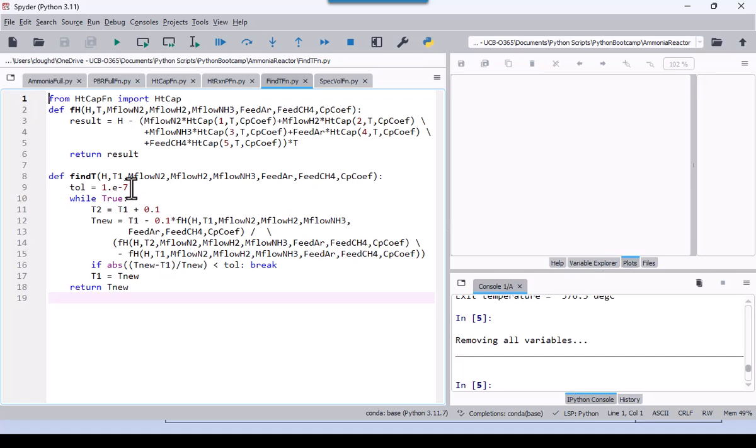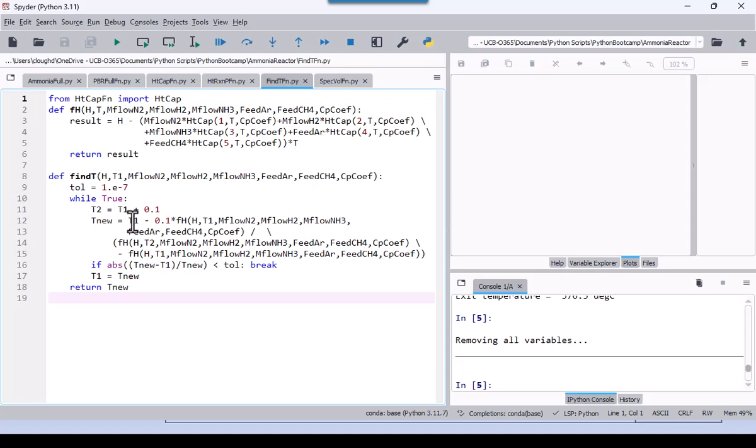So we come down here and we have a while loop, which implements the modified secant method. The delta that we use is 0.1 degree. And so this is the equation for the new temperature based on the old temperature.